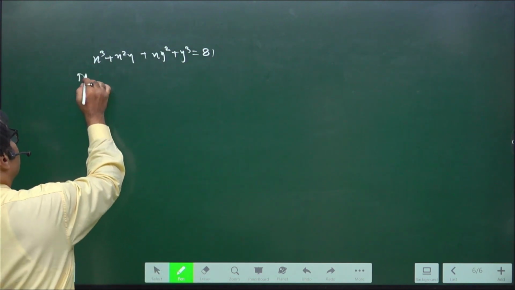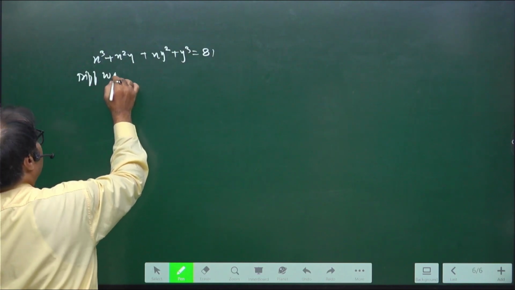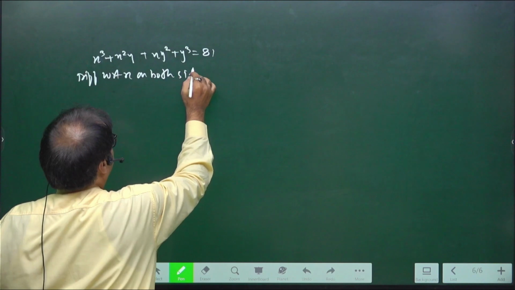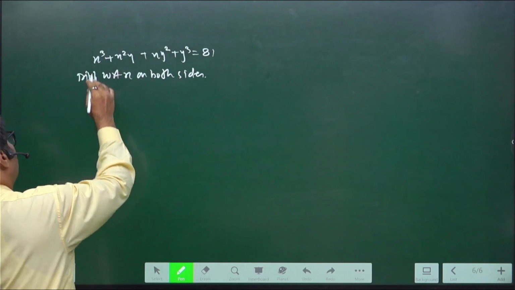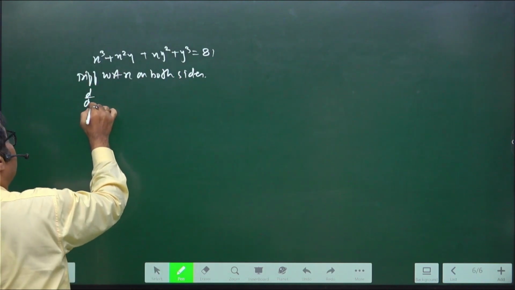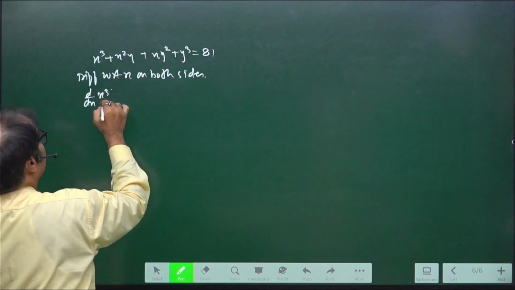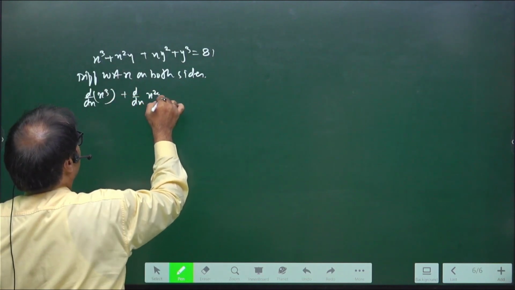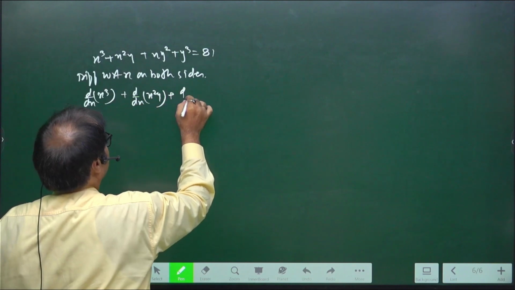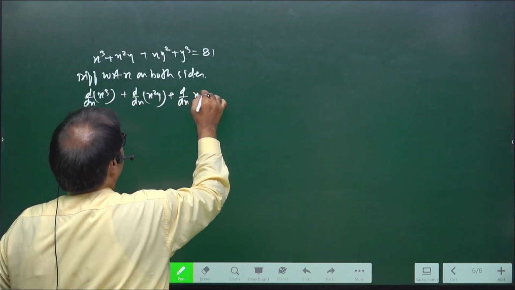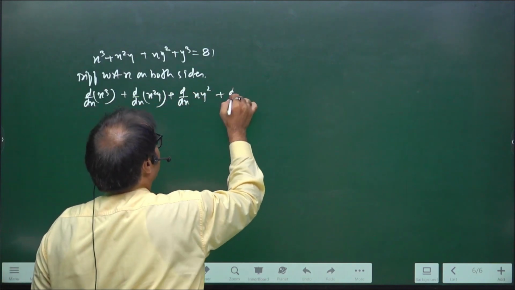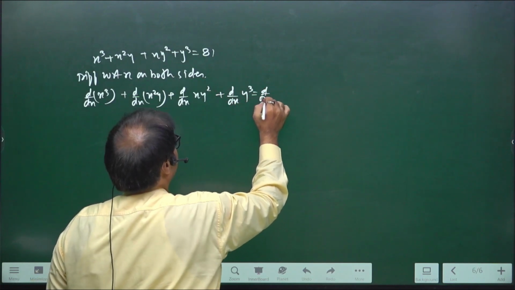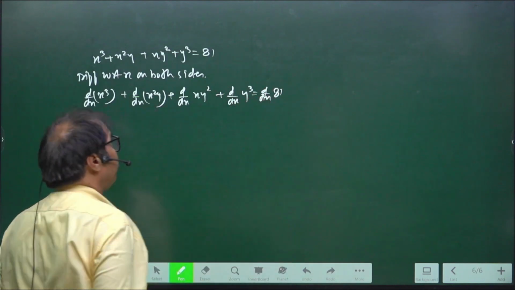So differentiate with respect to x on both sides. So d by dx of x cube plus d by dx of x square y plus d by dx of xy square plus d by dx of y cube is equals to d by dx of 81.